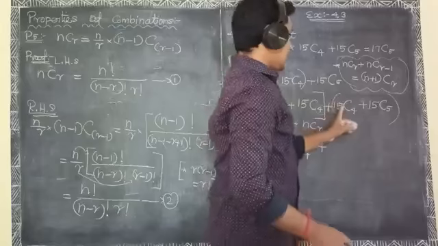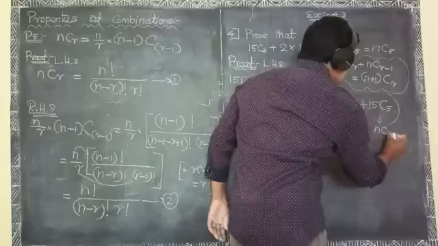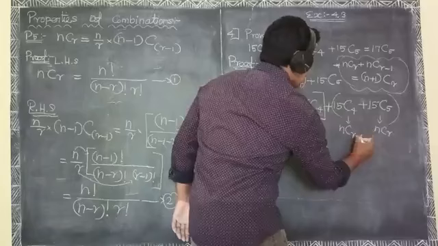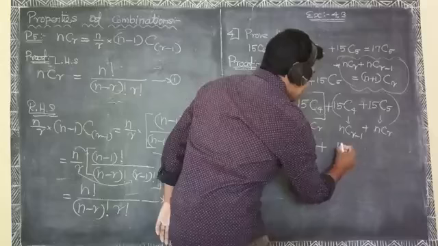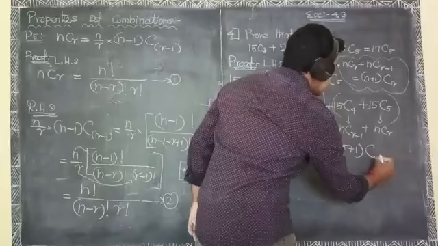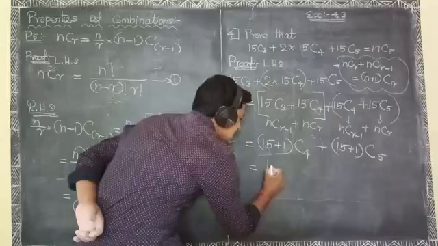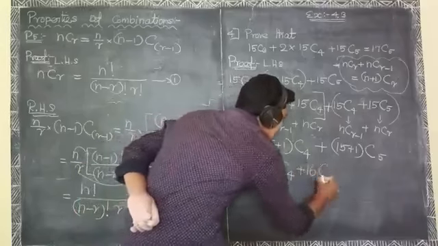Then for the remaining two terms, using these properties again, like nCr and nC(r minus 1), n plus 1 is 15 plus 1, and r is 5. Simplify: 15 plus 1 is 16C4 plus 16C5.